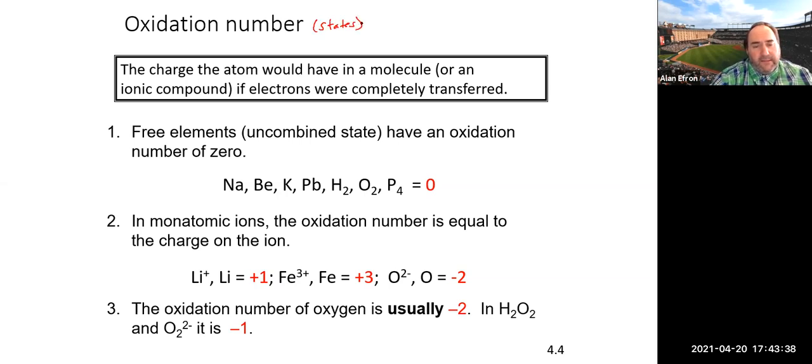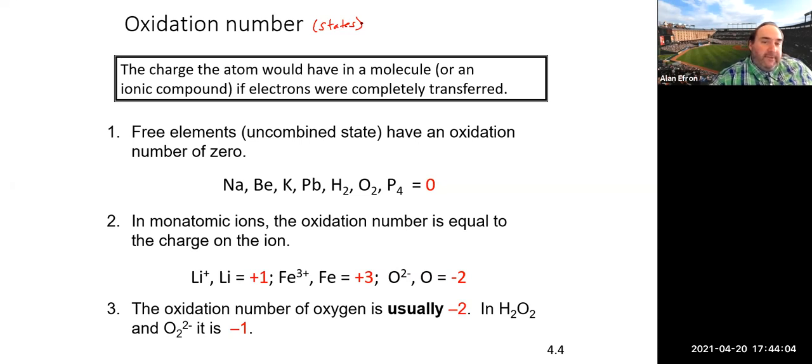When we talk about oxidation numbers or oxidation states, it's important to remember, and sometimes it's hard for students, that oftentimes we have in our head the charges that something like a nonmetal has when it's in an ionic compound. Oxidation numbers and oxidation states are not necessarily the same thing as the charge.